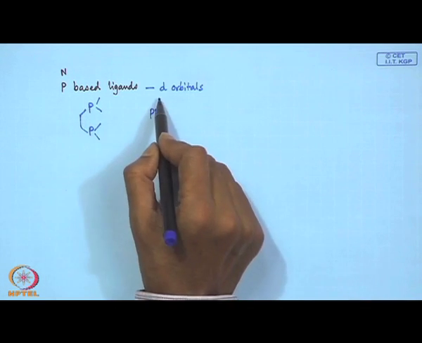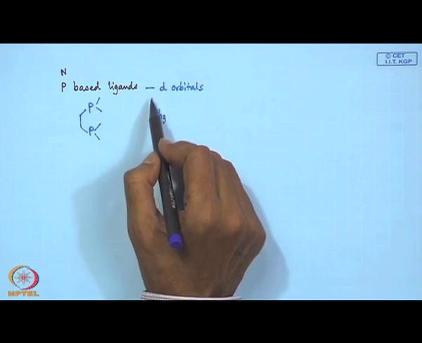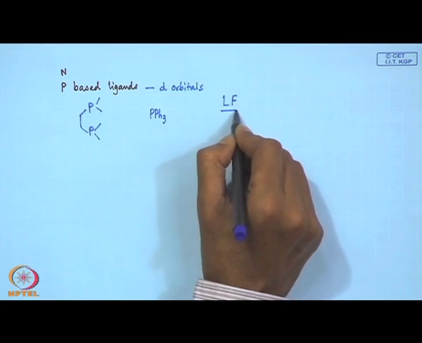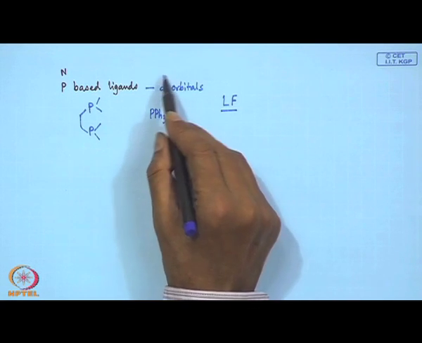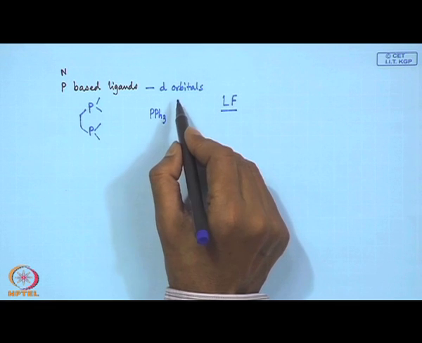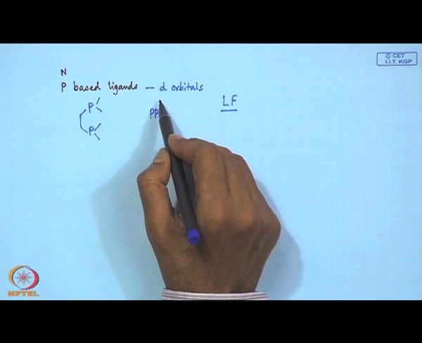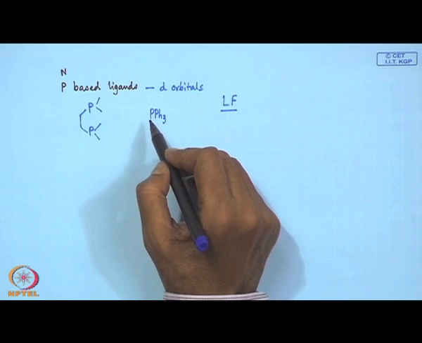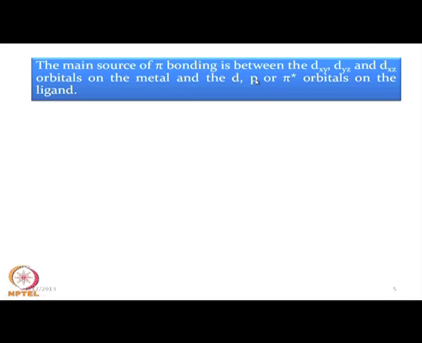So, all these have the corresponding d orbitals, and these d orbitals can participate in the formation of these ligand fields around the metal ion, and they do participate in some way if they have some filled electron density. That means, these d orbitals on the phosphorus atoms are filled. So, the electrons from these d orbitals can be donated to the metal orbitals if they are vacant. So, we have p orbitals, which we have already discussed, like nitrogen, like oxygen.